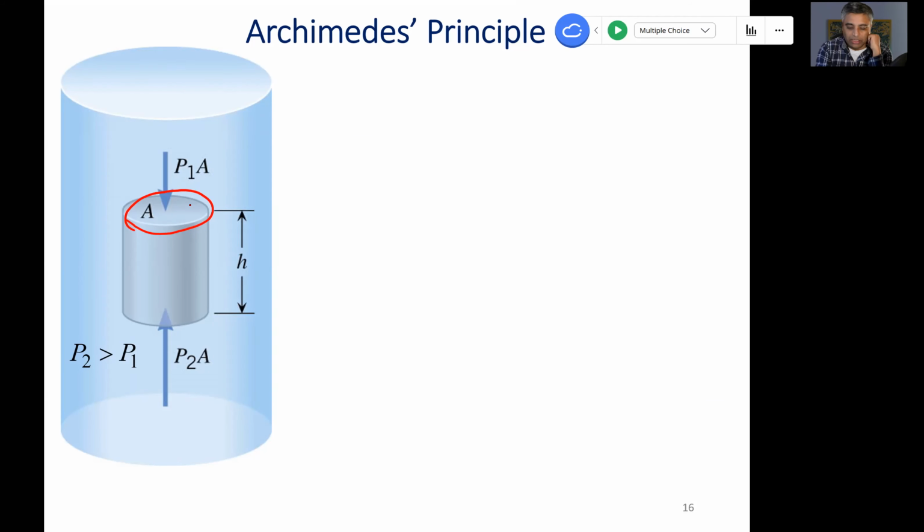Why are we using that? Because it's easier to find the area, volume, and so on. But as we saw, the pressure did not depend on area or volume, so it doesn't matter what kind of shape you use. It does not depend on it, okay?